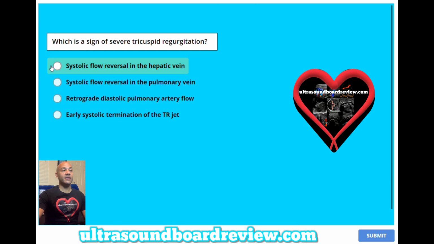The answer is A, systolic flow reversal in the hepatic vein.